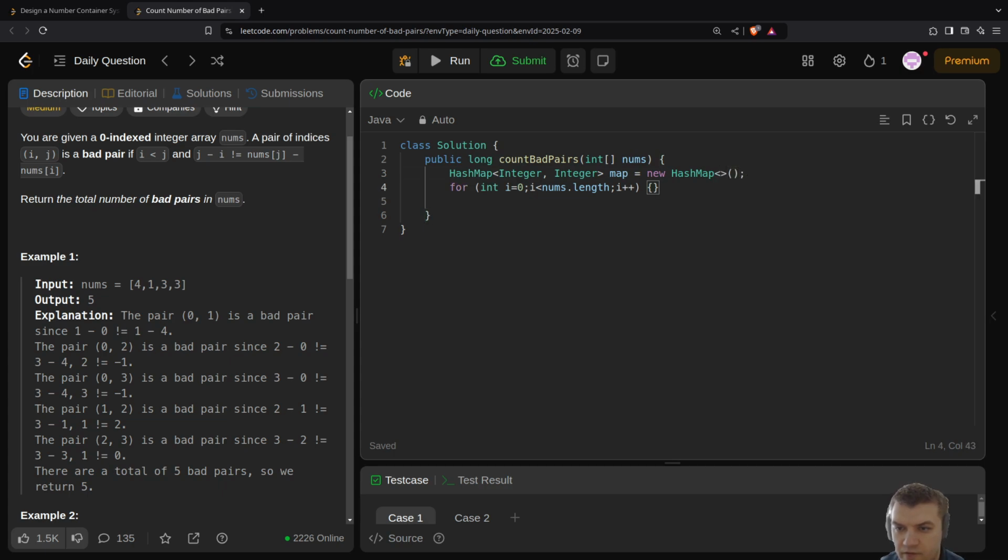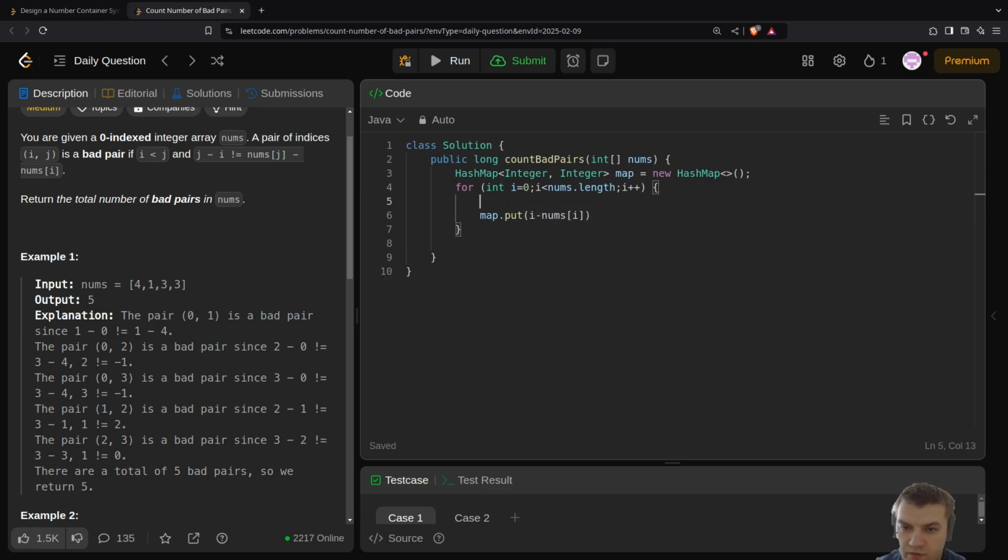Then I'll have map put i minus nums[i]. Okay, so int key equals i minus nums[i], and then for the key I'll put map.getOrDefault(key, 0) plus 1, and then I'll return the answer.